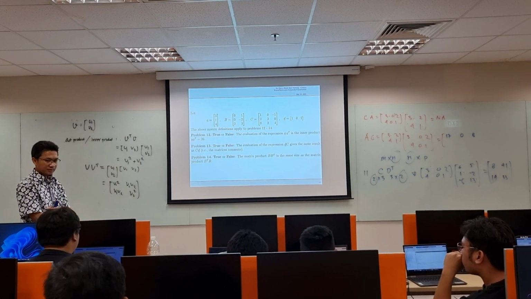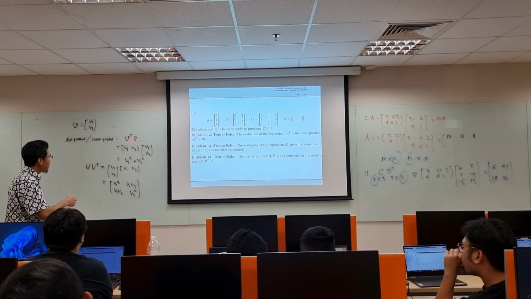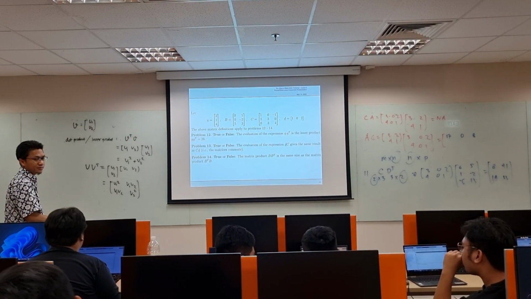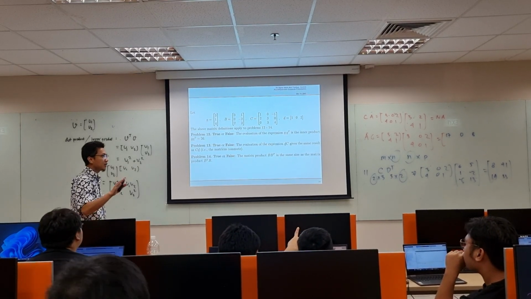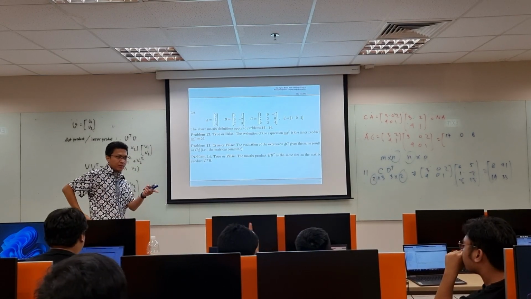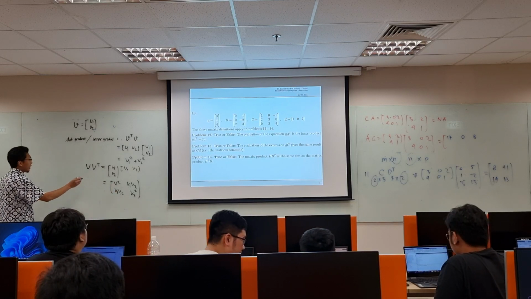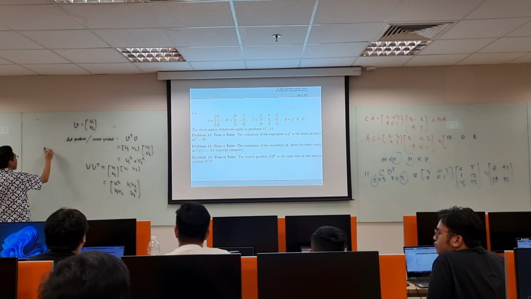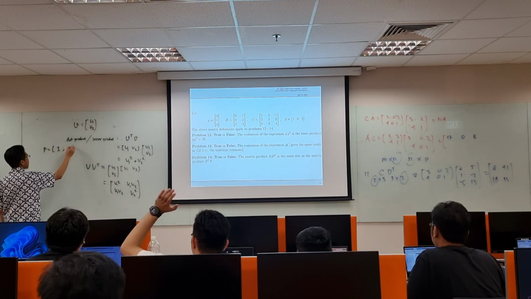How is the dot product done in MATLAB, sir? For the dot product in MATLAB, we just multiply the transpose with itself. Let me get to MATLAB. You have MATLAB on your computer now? You define a vector, let's say p equal to 1 and then 3.